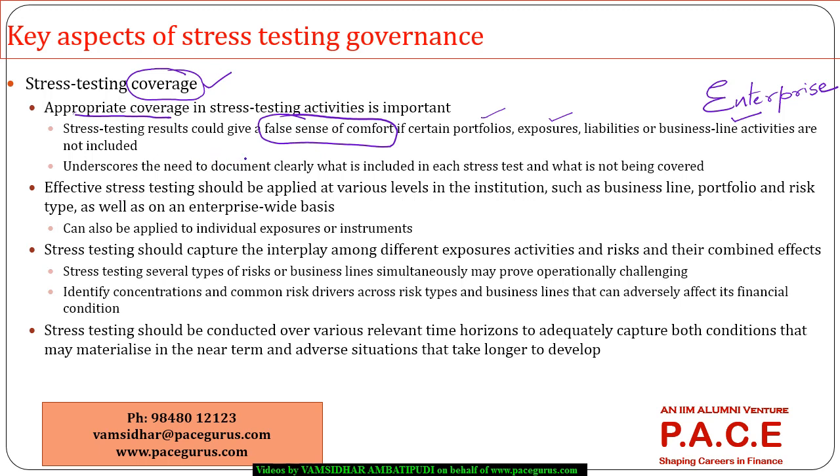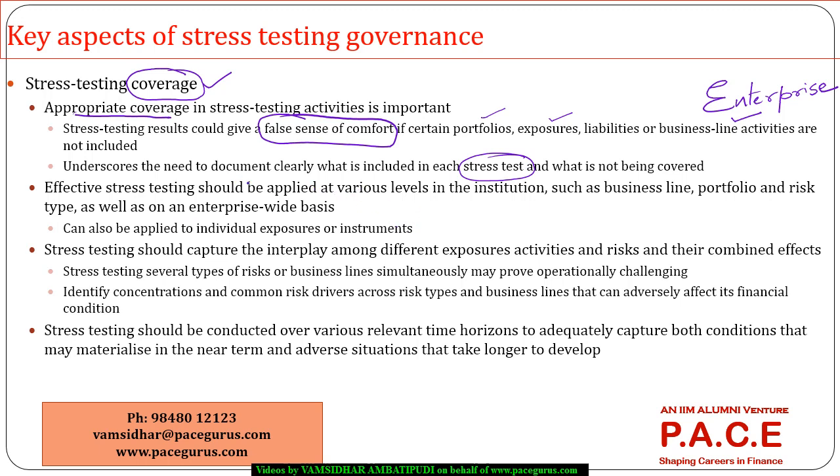So the more appropriate the coverage is, it needs to be documented properly what each stress test is covering and what each stress test does not cover. So the in scope versus out of scope of each of the stress tests need to be understood very carefully.